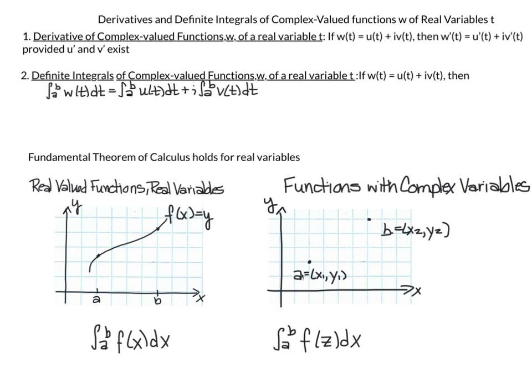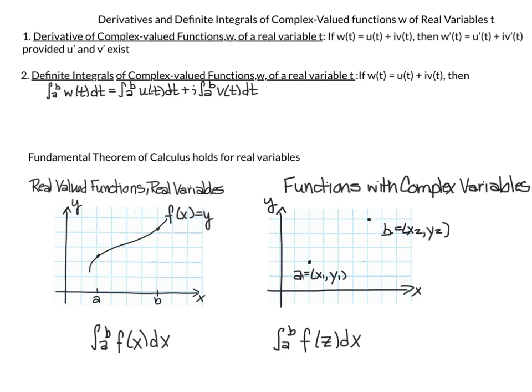I want to point out that the derivative and the indefinite integral separated out nicely, and the fundamental theorem of calculus holds as long as they're real variables. That's one of the crucial things we have to realize: for the fundamental theorem of calculus, we were dealing with real variables.